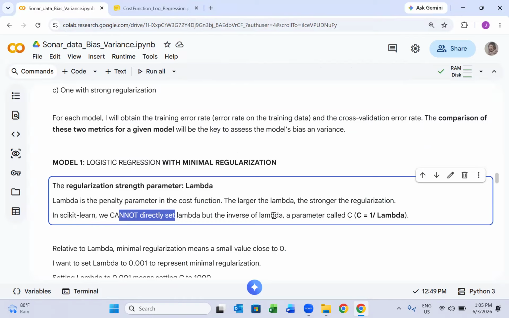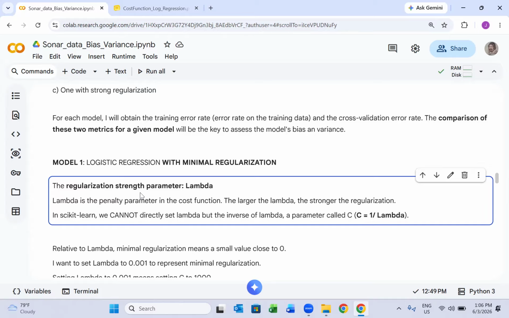We have a parameter called C, and C equals 1 over lambda. That's all right. Given this formula, if we want a specific lambda, we can solve for C and set the needed C.